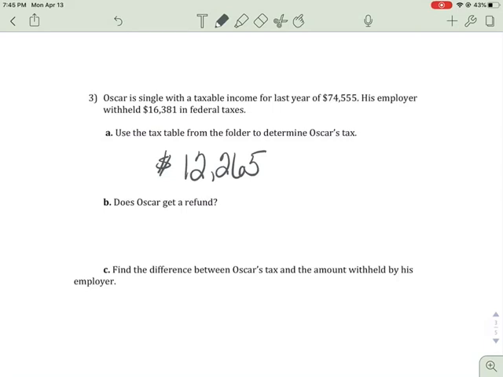But if you look, his employer withheld $16,381. So again, his employer paid too much in, so Oscar is going to get a refund. And again, if it was less, Oscar would have to pay. So let's find the difference and see how big a refund Oscar gets.